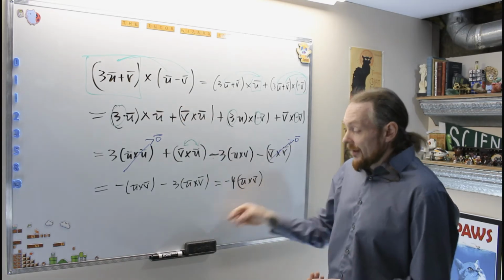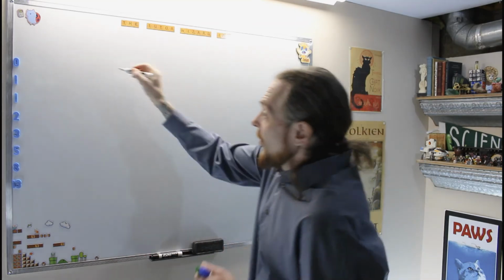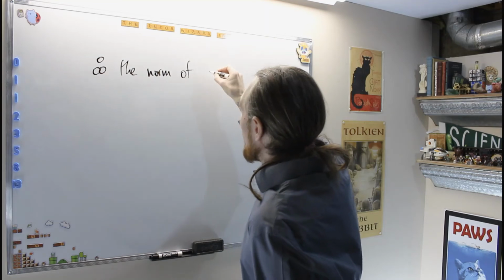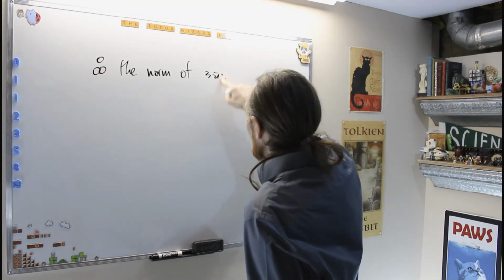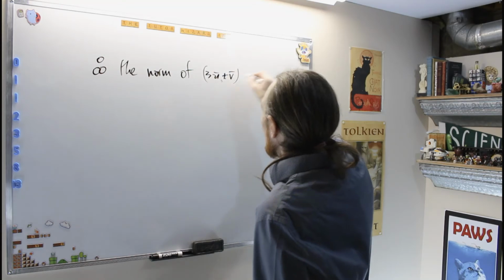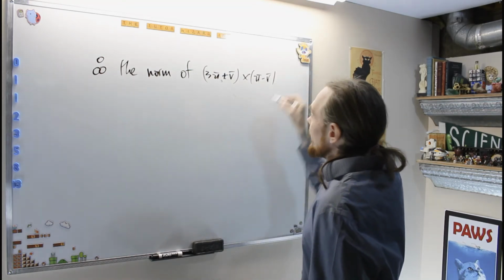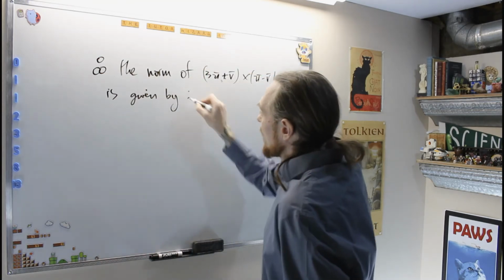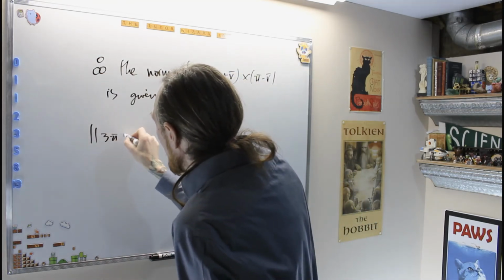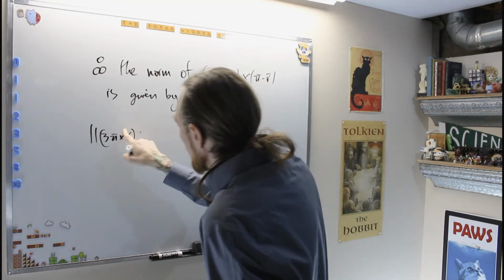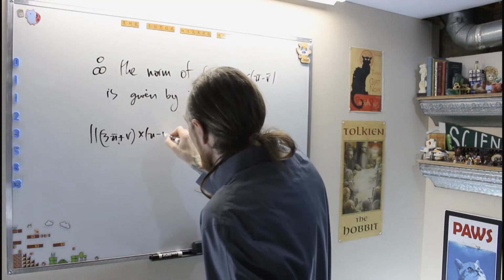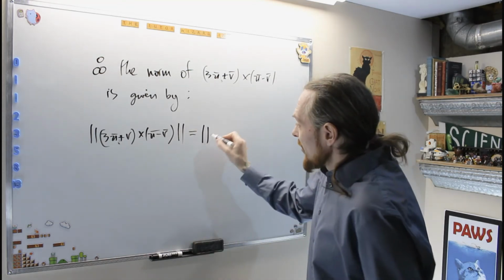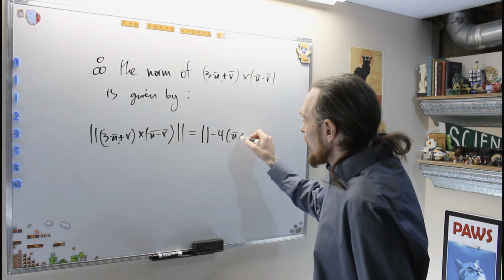Therefore, the norm of 3u plus v cross u minus v is given by the norm of 3u cross v plus v cross u minus v, which is equal to the norm of negative 4 u cross v.